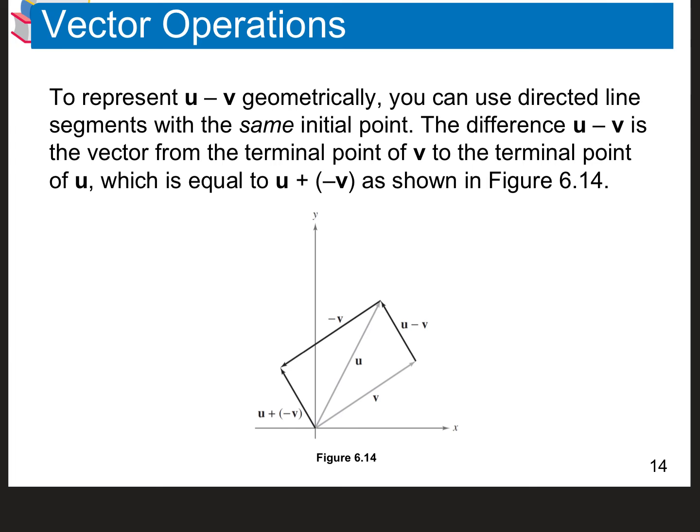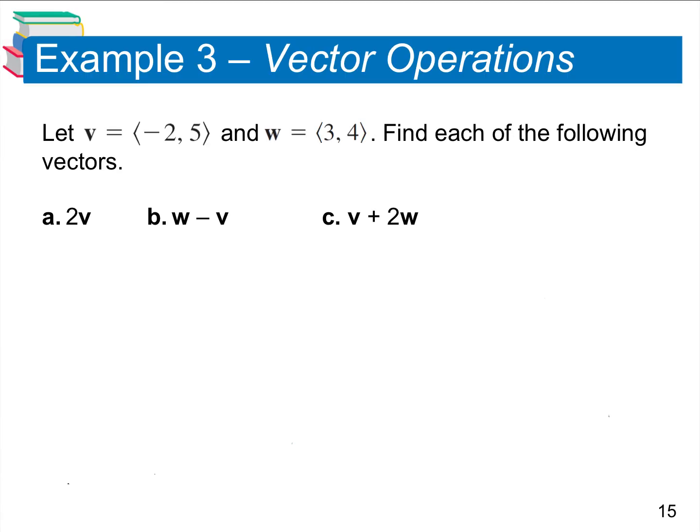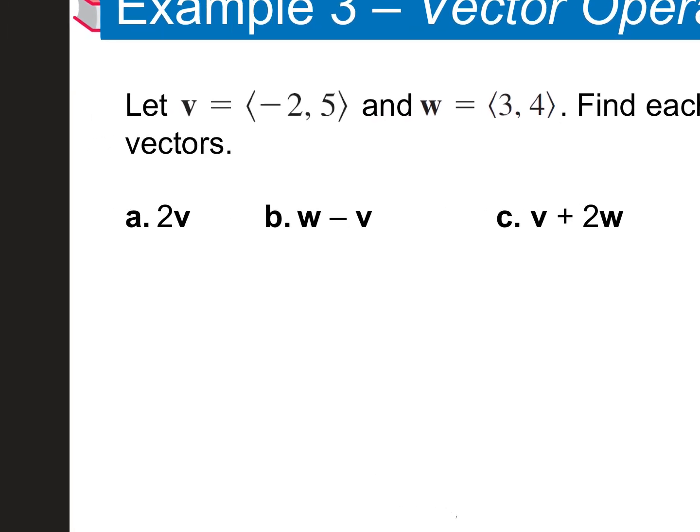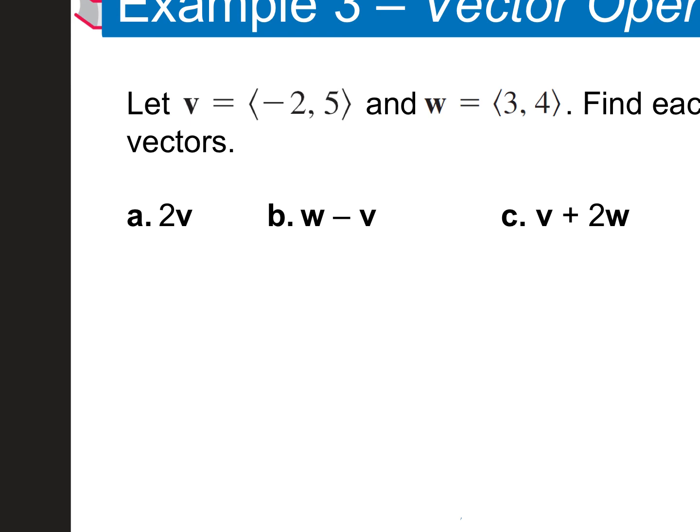What does that mean? All right, so example 3, we're actually performing our operations. On WebAssign and probably on your test, you'll see questions like this where it'll give you multiple vectors, but for the operations, you'll only use certain ones. So it will help to write down which one you're using because it could give you 3 vectors and only ask you to add 2 of them.